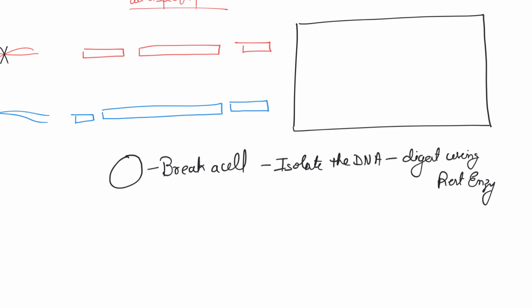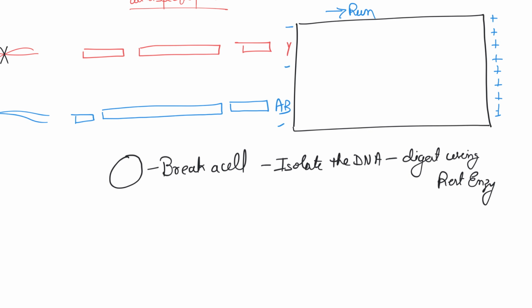Now, this is once again your DNA and this is Amitabh Bachchan's DNA. Different DNA pieces will take different time to run across the gel. So this is a gel, and on this side you have the positive electrodes, and on this side you have the negative electrodes.